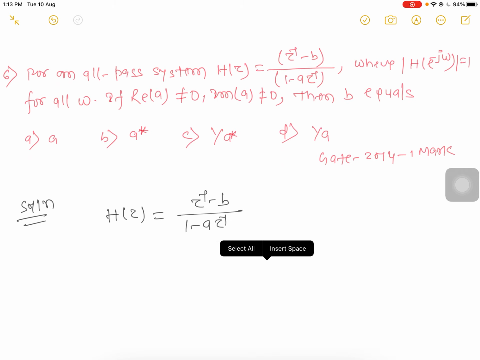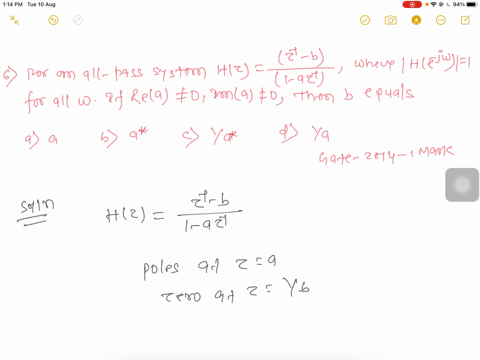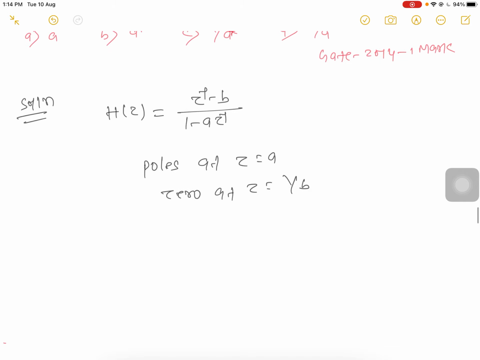Poles lie at z is equal to a and the zero at z is equal to 1 by b.